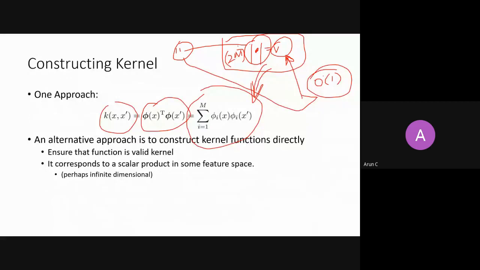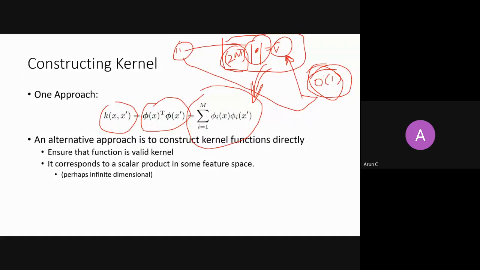Effectively, actually projecting into a 1 million dimensional space needs a lot of effort. In fact, you can project into infinite dimensions and take a dot product there, and whatever you get in the infinite dimension, you will get in constant time, right? So this is the idea of a kernel trick.